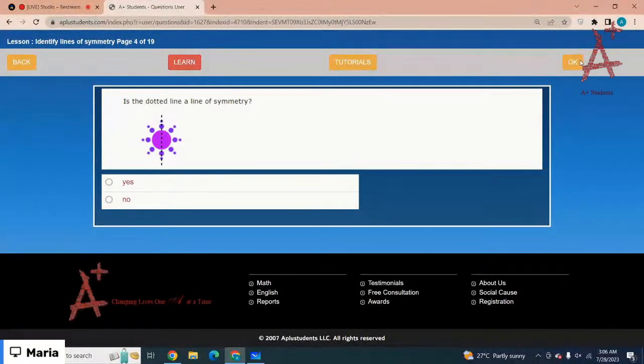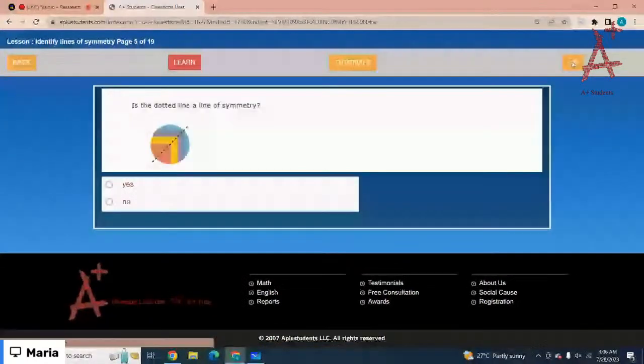Is the dotted line a line of symmetry? Yes, it is a line of symmetry. The correct option is yes. Next: is the dotted line a line of symmetry? Yes, it is.